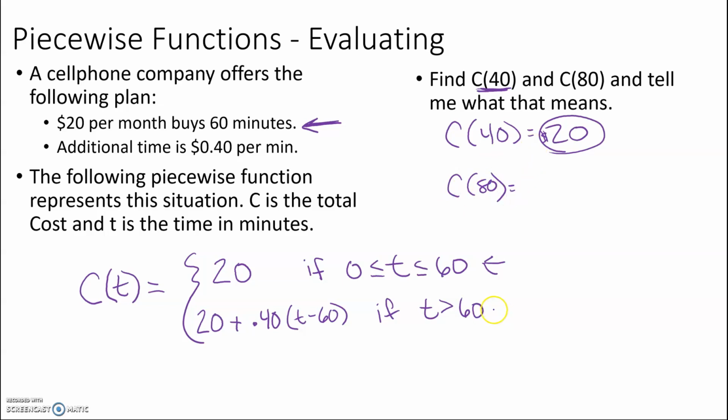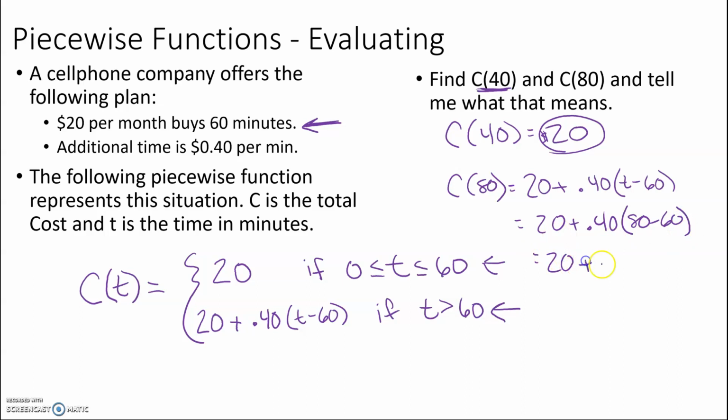Now, 80, we're going to be using this second function because we're greater than 60. So what do we got? We're going to have 20 plus 40 cents a minute for however many minutes I went over 60. So 20 plus 40 cents times 80 minutes, take away the first 60.